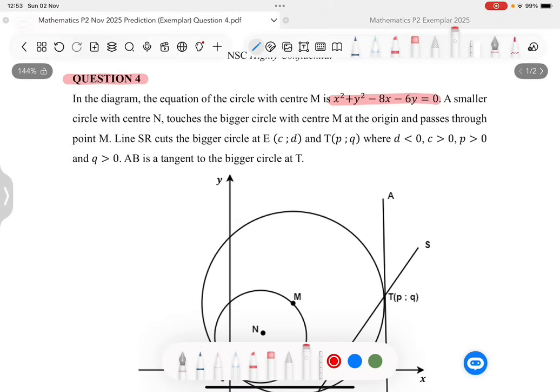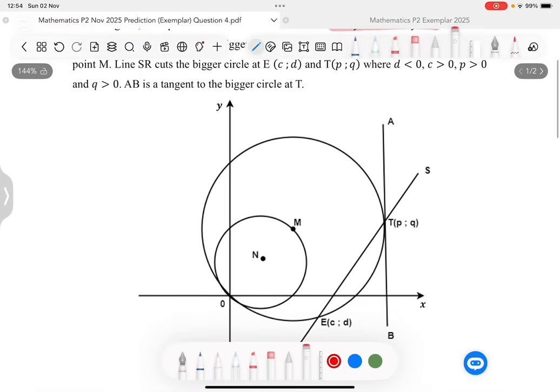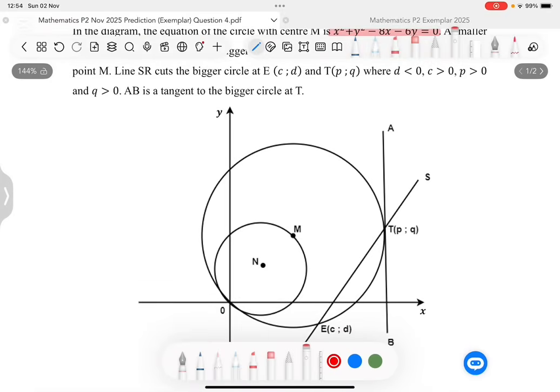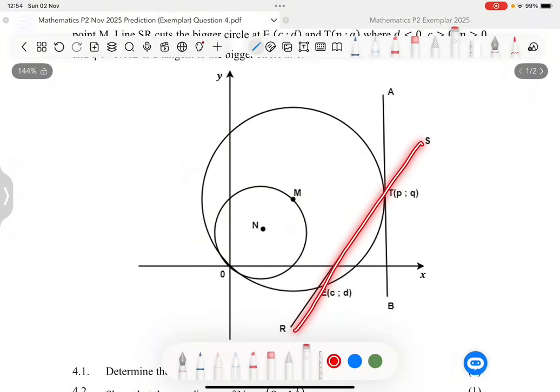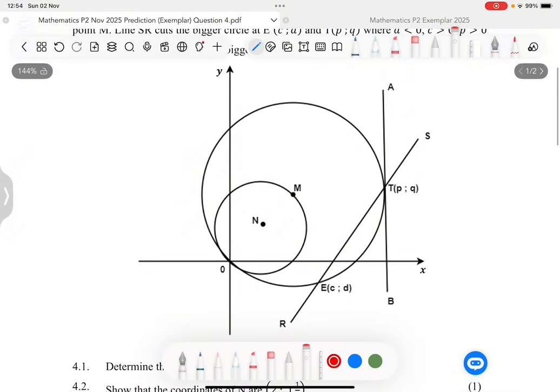The question continues to say, line RS cuts the bigger circle at E and T, where D is less than 0, C is greater than 0, P is greater than 0, and Q is greater than 0. So now here we have line RS, which cuts the bigger circle at the points E and T, and they're given by C, D, and P, Q. We are told that D is negative.